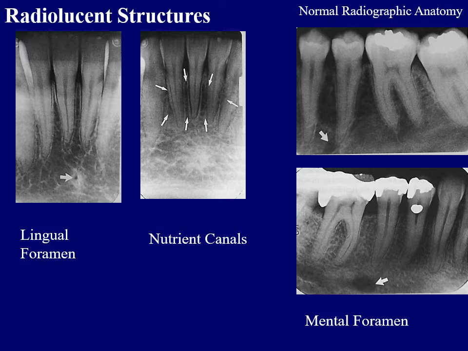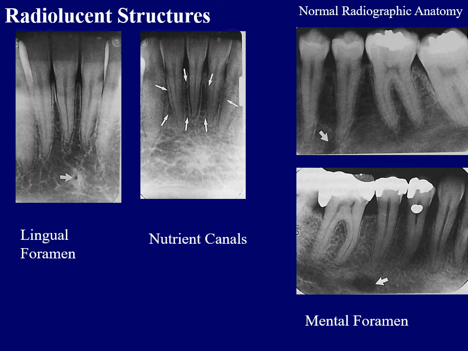They appear on mandibular periapical radiographs running vertically from the inferior dental canal directed to the apex of a tooth, and on an anterior IOPA they appear as an interdental space between the mandibular incisors.